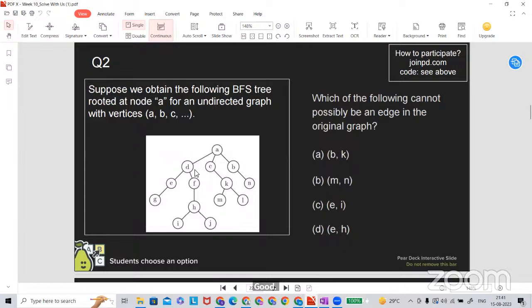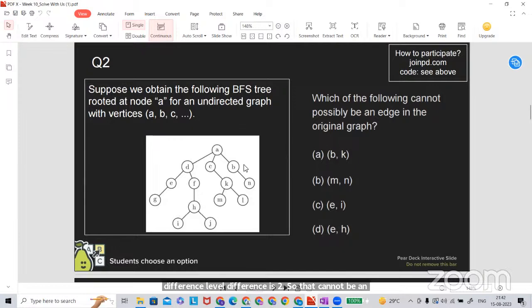So I and F, the level difference is 2. This is level 2, and this is level 4. So level difference is 2, so there cannot be an edge.